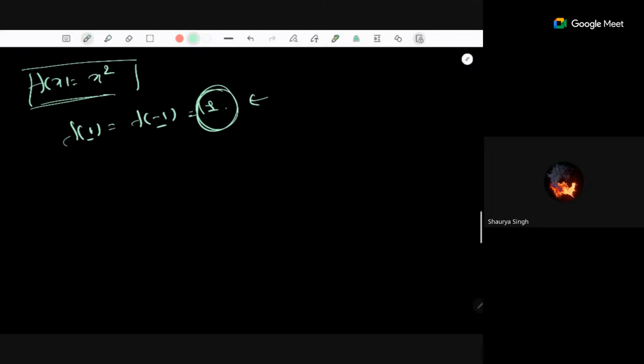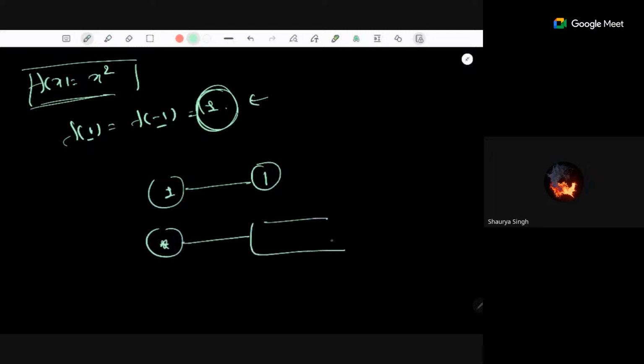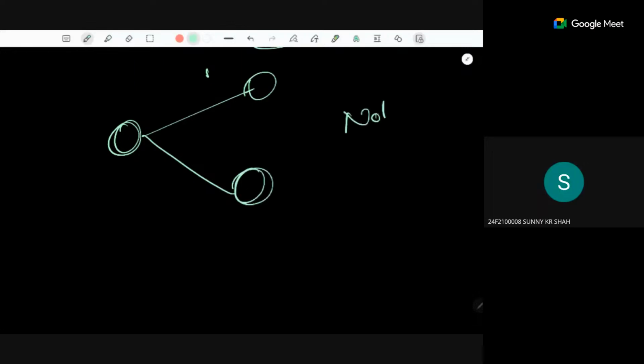Uniqueness is related to input. That means if you put 1, you should get only one thing here. If you give a star as input, you should get a specific output. It should not happen that this star can give this as an output and another one as an output too. So this thing is not a function. What I mean is, if you have an input and this input goes to two different outputs, then this is not a function.